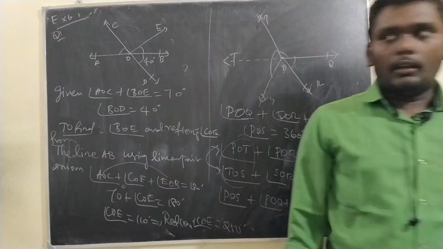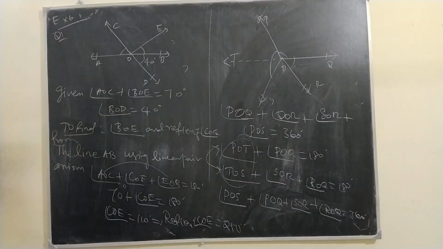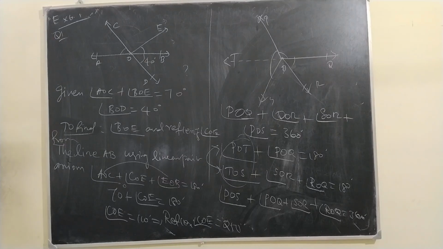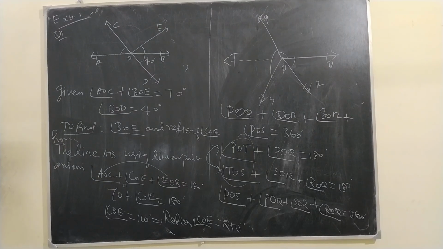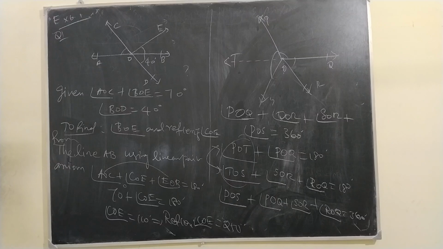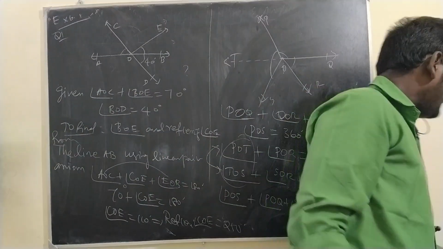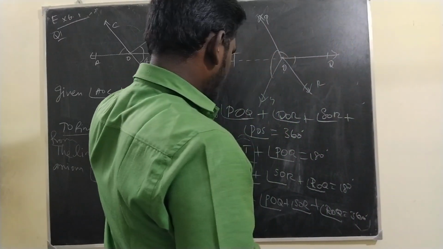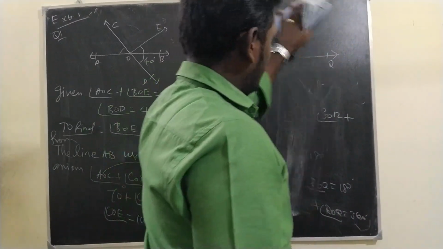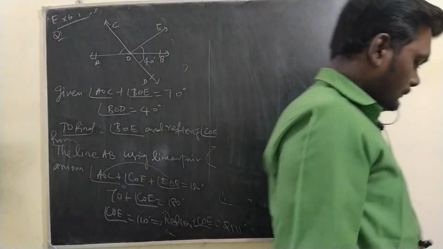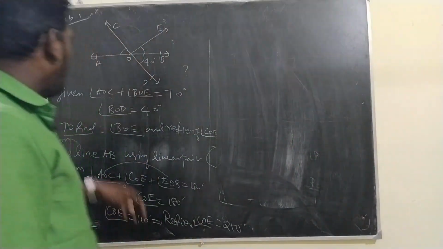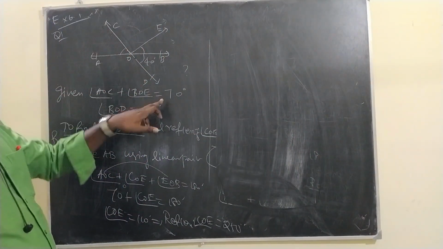Along the line, we have to apply linear pair axiom. Which line? Come on, tell me. BOE is a part of which line? CD.